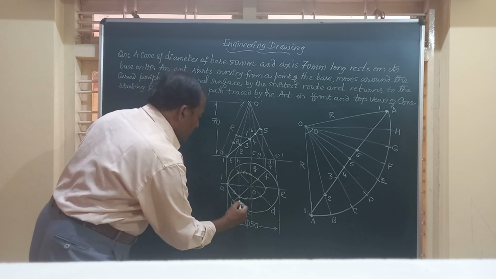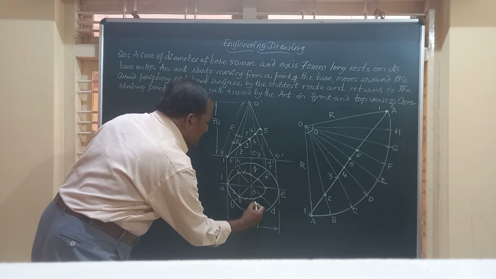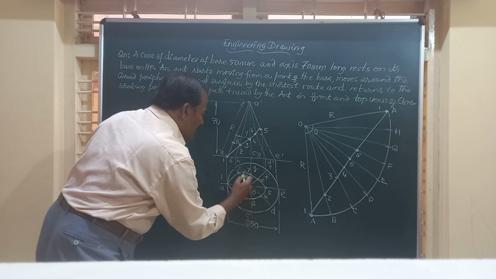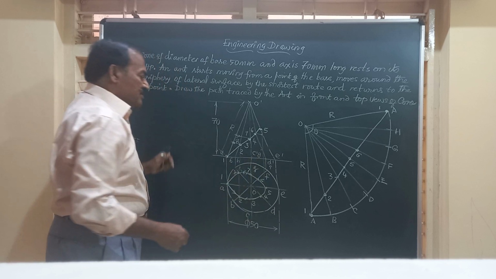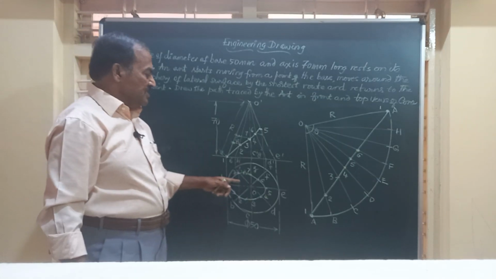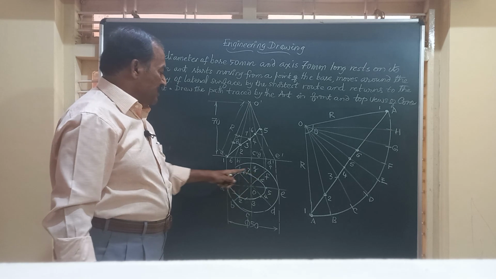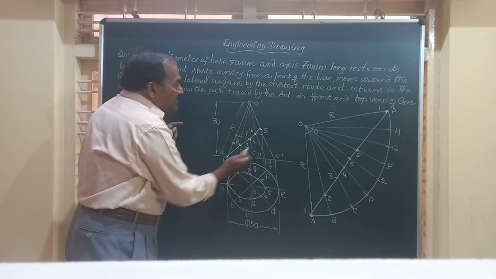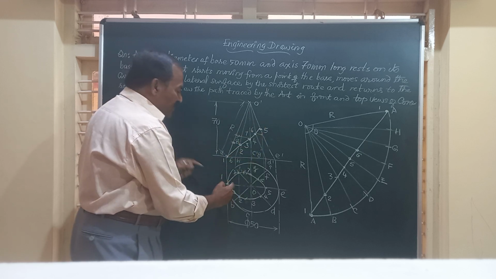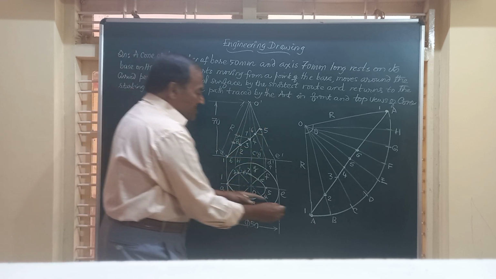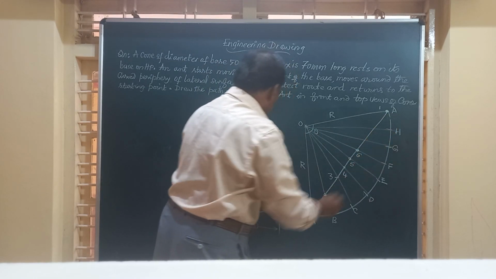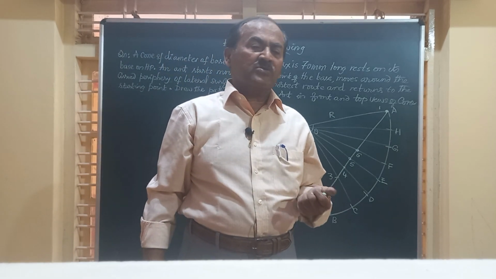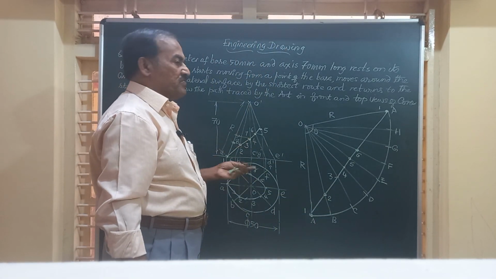This is 2 on OB, 3, 4, 5, 6, 7, 8, and 1. This is how the path of the ant in the top view appears. So this is the curved path in the front view, and by following the shortest route, that is from A to A, this is how the path traced by the ant looks in the front and top views.